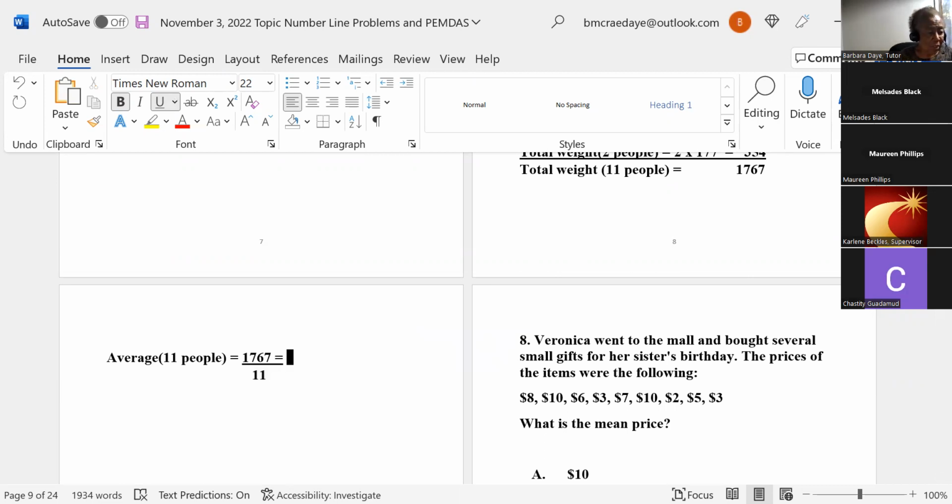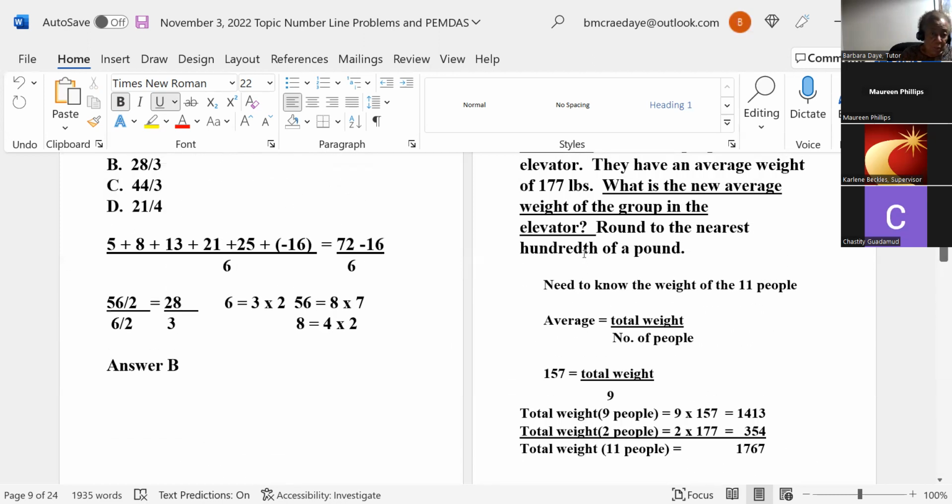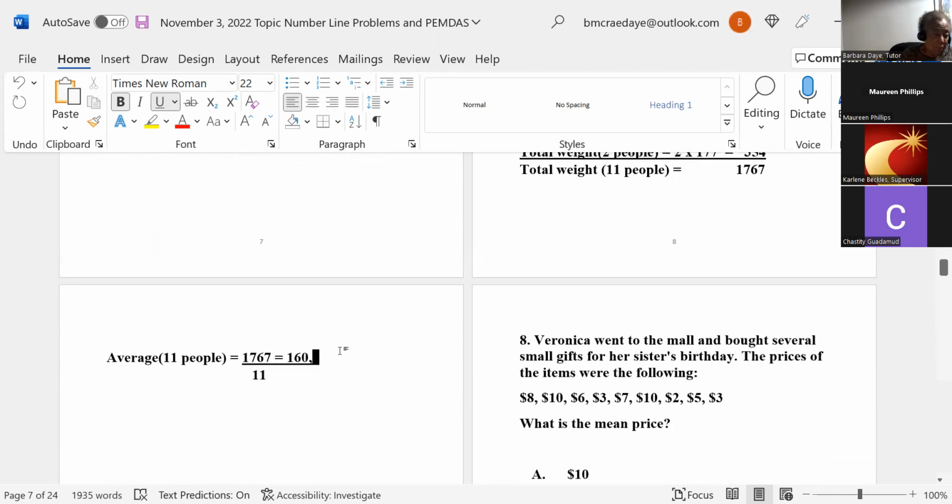What did you get, Maureen? 1767 divided by 11? 160.636. You got 160 point what? 636. Let's see. We said to the nearest what? To the nearest hundredth. Okay. 160 point 636.